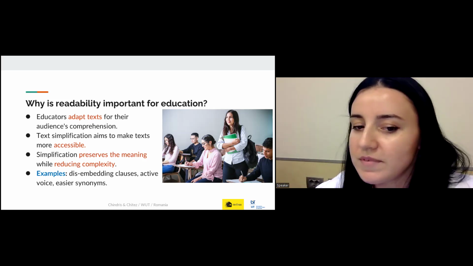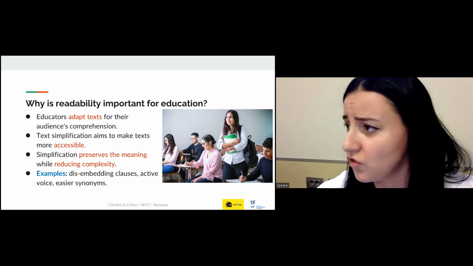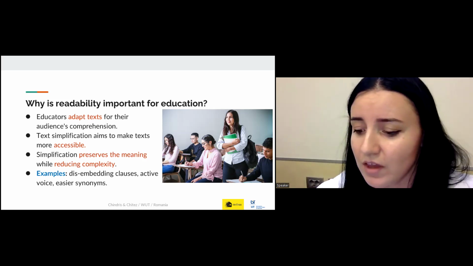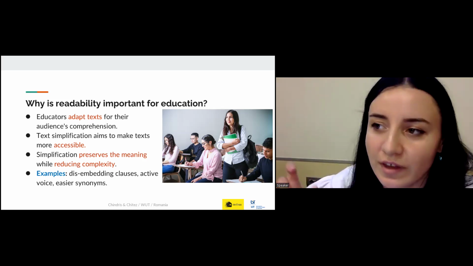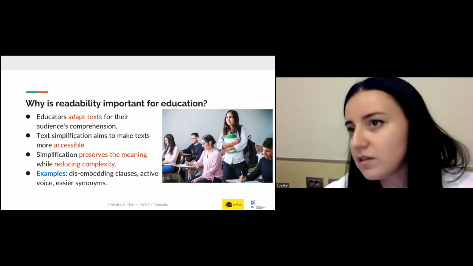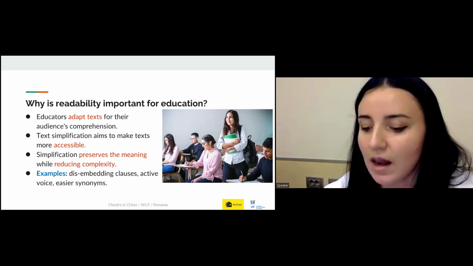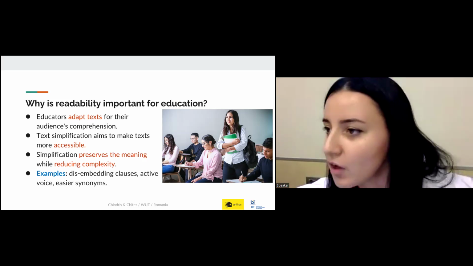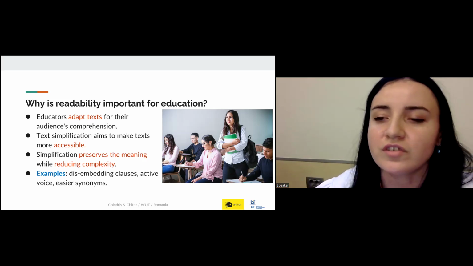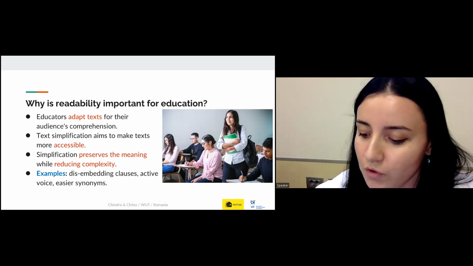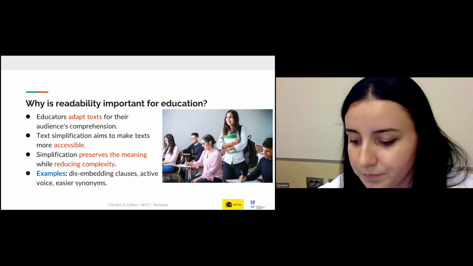So simplification, either lexical or syntactic, preserves the meaning while reducing complexity. There are many ways of simplifying text, like disembedding clauses, turning passive voice into active voice, and of course, providing the readers with easier synonyms.